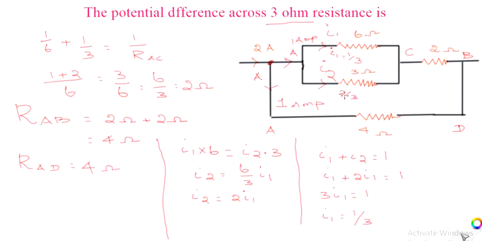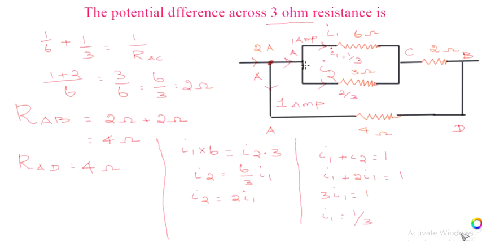Okay, you got it? How do we solve this problem? I will explain once more. This is a circuit in which current 2 ampere enters at this point. Here 2 branches are there, one is this branch and another is this branch. Therefore, current divides at this point.